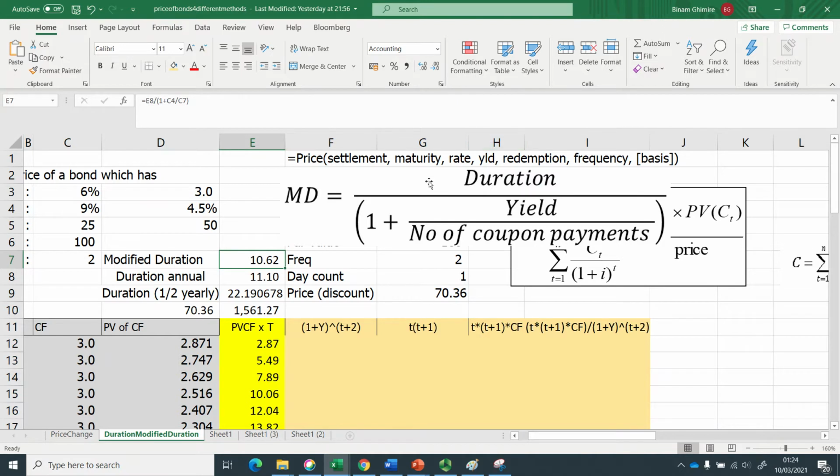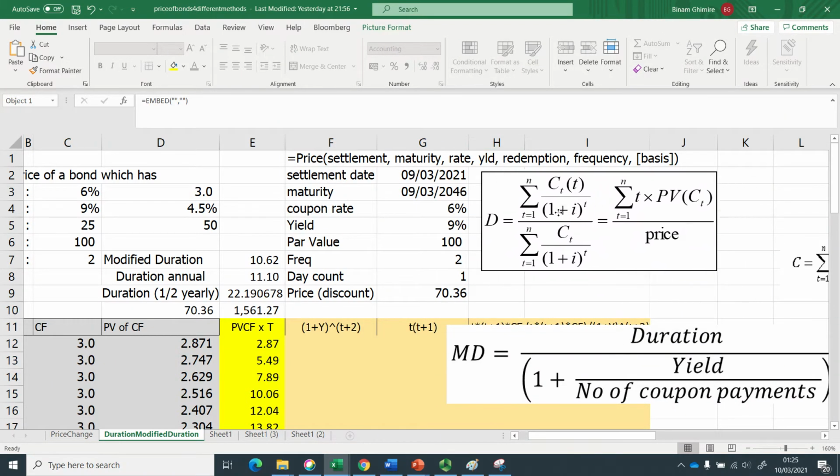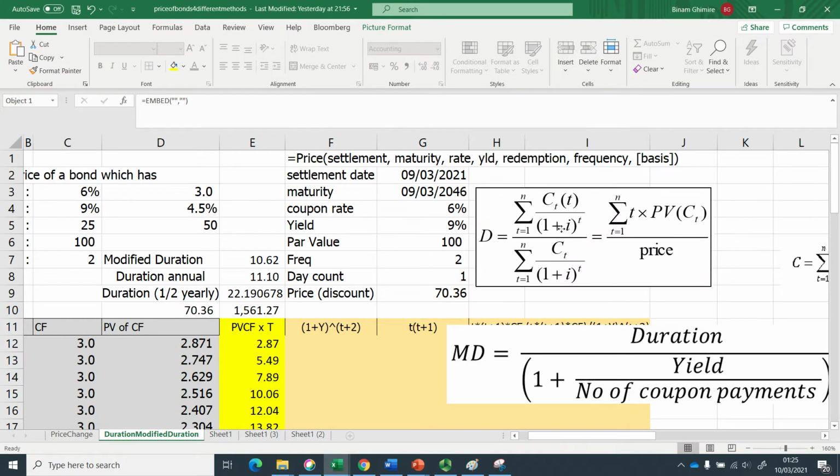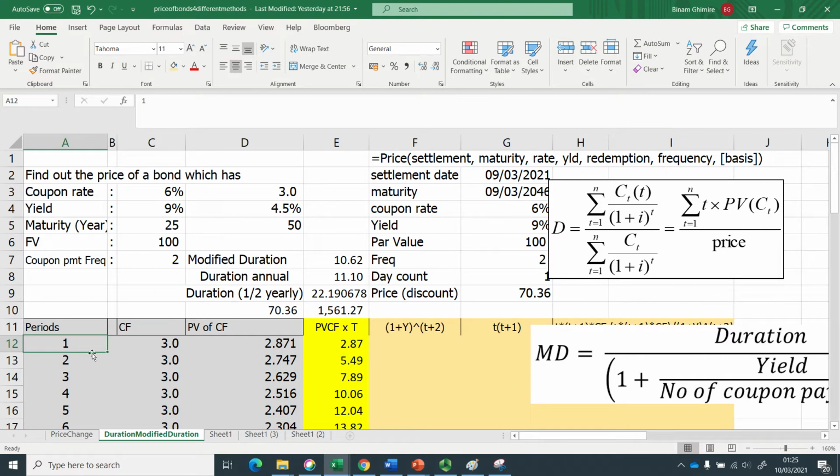Now, firstly, we found the duration. What does it mean? Duration is basically the weighted average term to maturity, and that is the reason you were multiplying by the time period. This is what you see in the formula in the numerator, t times.